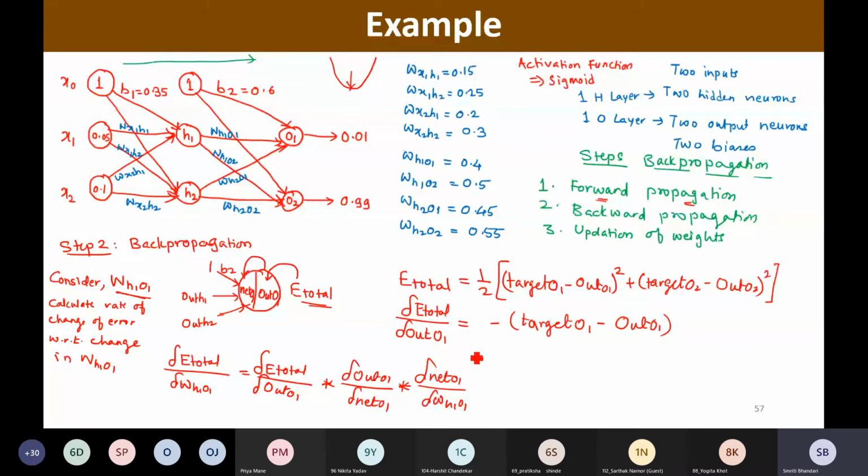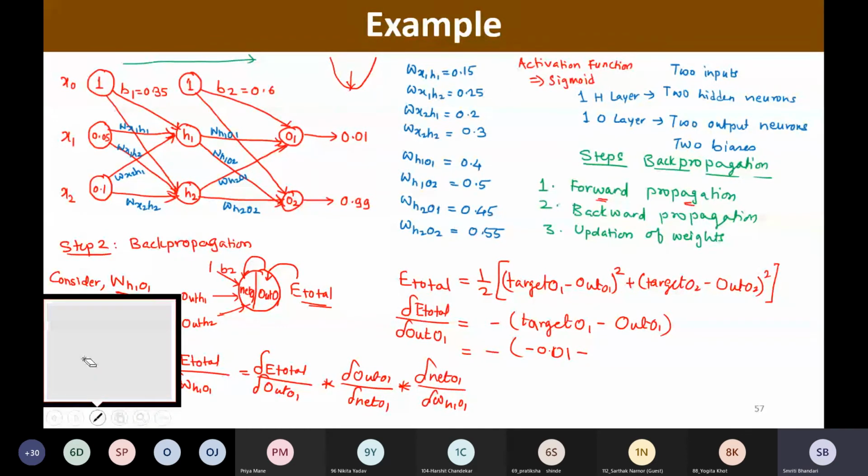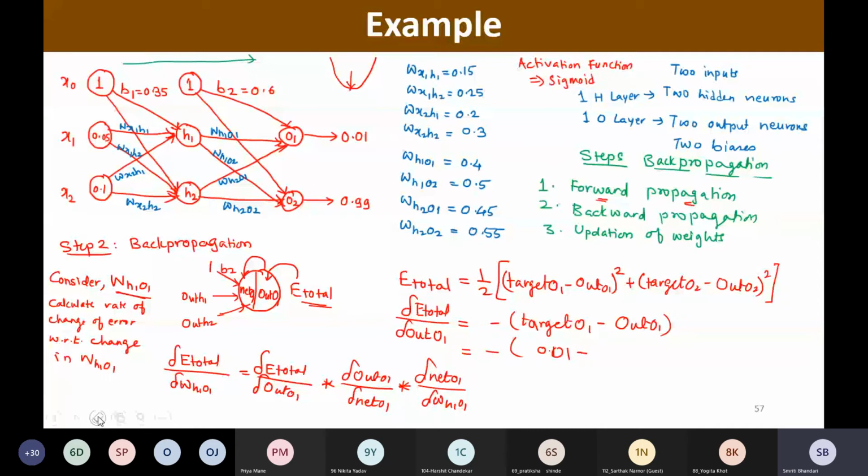We know all those values, so we simply substitute them. So 0.01 minus out O1, which we have computed earlier, 0.75136507. So it comes out to be 0.74136507.